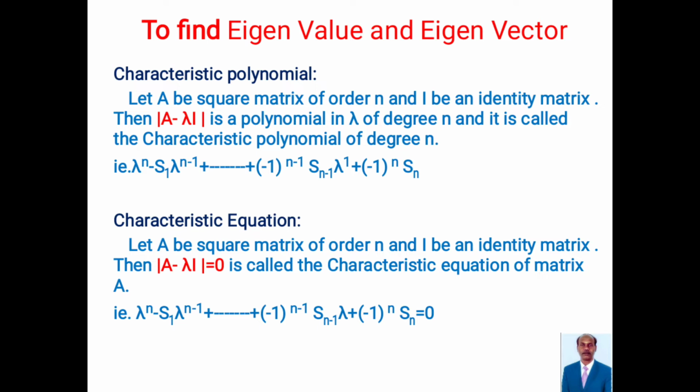Using the determinant concept, if we expand A minus lambda I, we get the equation lambda power n minus s1 lambda power n minus 1 plus etc. plus minus 1 whole power n minus 1 s(n-1) lambda plus minus 1 whole power n sn equal to 0.